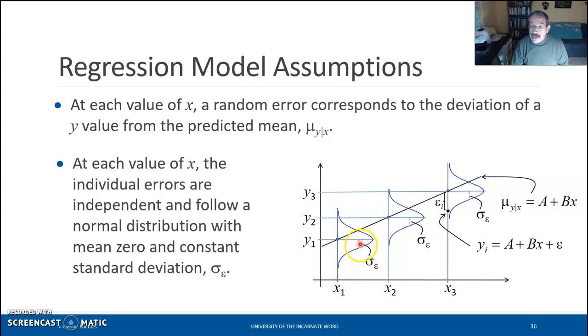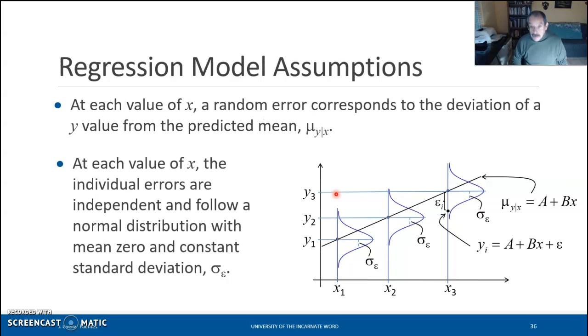And they're going to have a standard deviation sigma epsilon that is the same for any distribution at any value of x. So this graph is showing you in graphical terms the 4 assumptions.